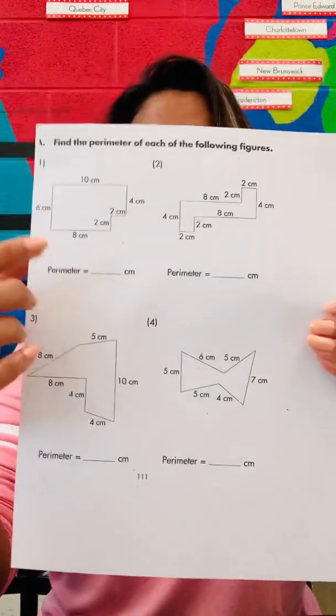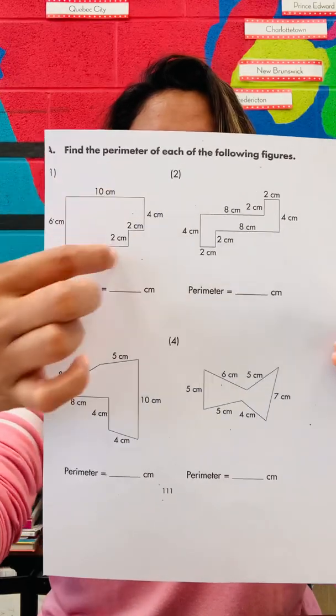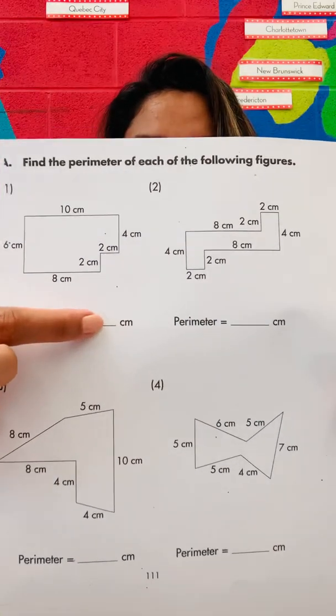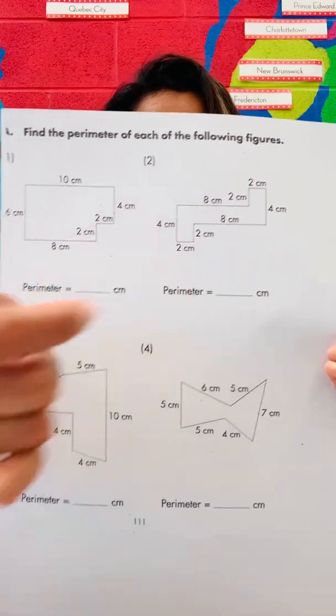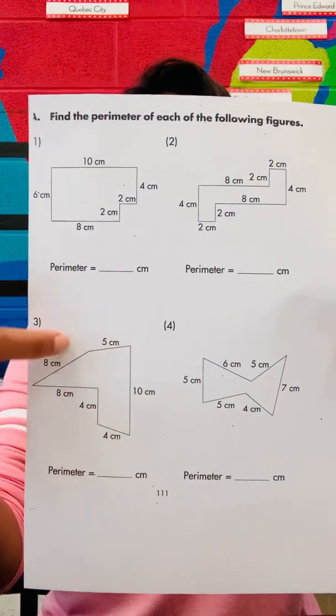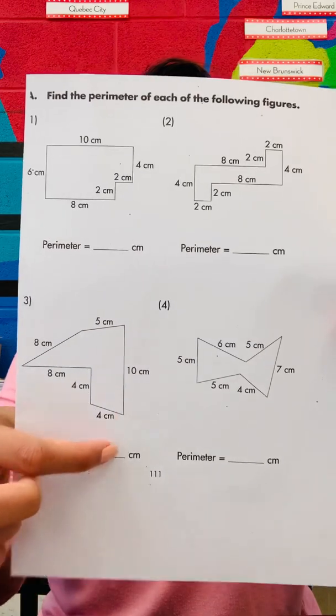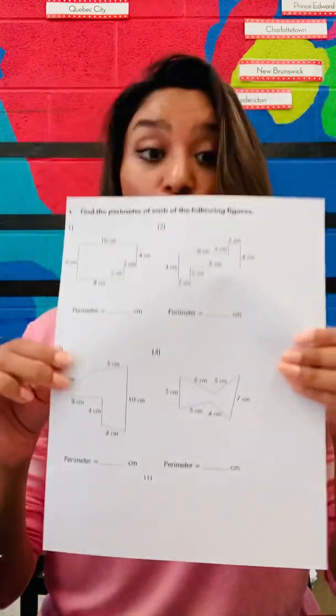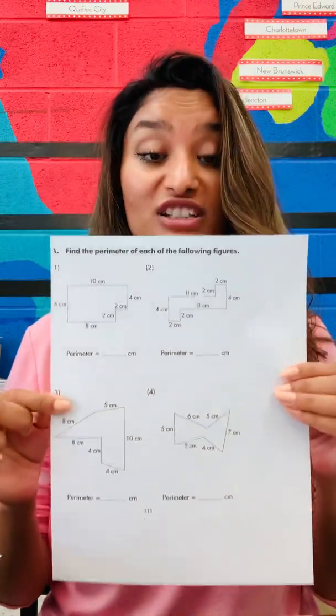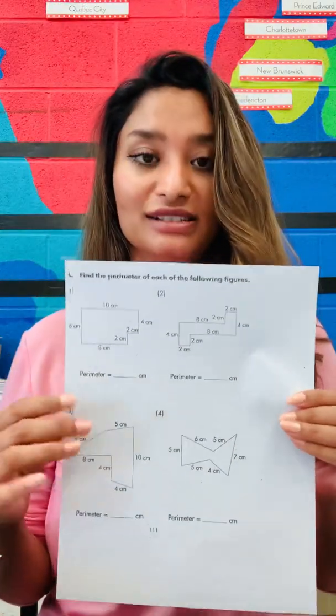Okay, so once you're done adding these numbers, then write the answer in this blank. Once you're done adding all these numbers, write the answer over here. Okay, so that's all you have to do for this page, because perimeter is quite fun and easy.